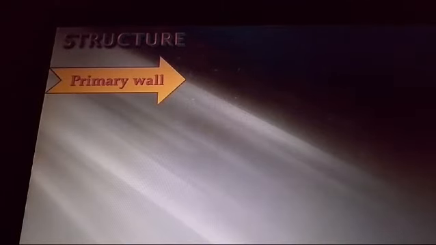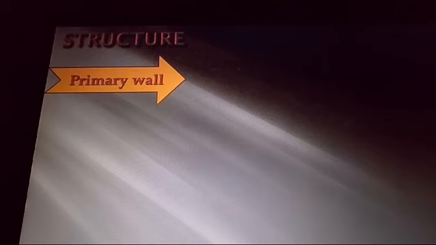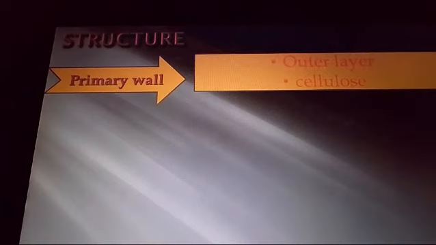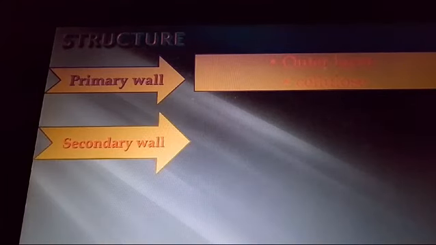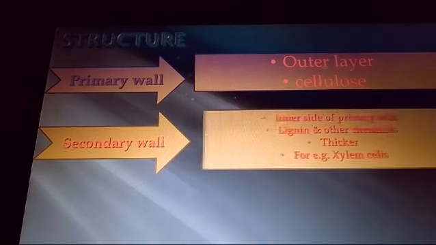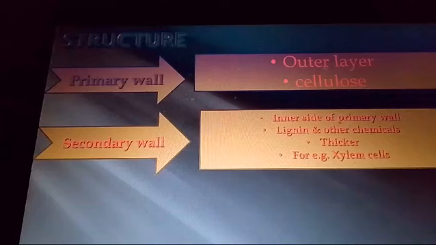Okay, the next is the structure. As far as structure is concerned, it comprises the primary wall, and the primary wall is the outer layer, and it is composed of cellulose. The other one is the secondary wall, and the secondary wall is present on the inner side of the primary wall, and it is composed of lignin and other chemicals.